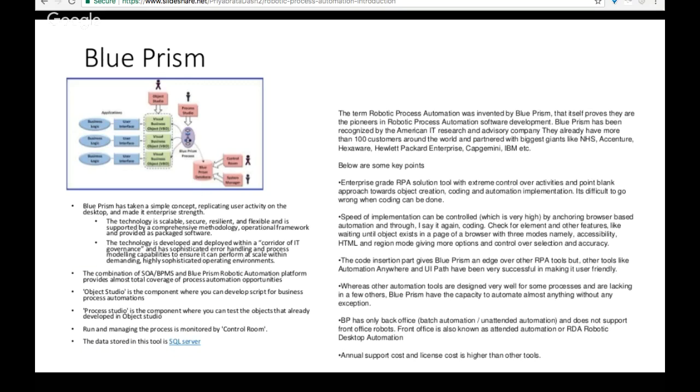So the three main components of Blue Prism are, first, the object studio. Then you also have a control room, from where you can spawn up all the robots and control which particular robot runs which processes.